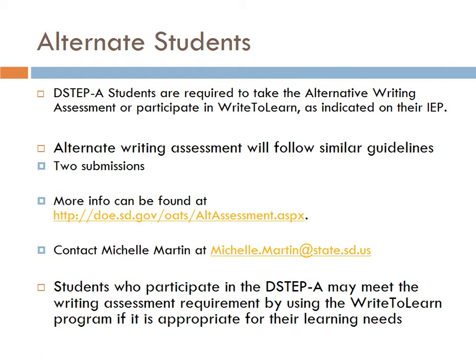The contact person for this is Michelle Martin. Her email is michelle.martin@state.sd.us. And students who participate in the D-Step A may meet the writing assessment requirement by using the Right to Learn program if it is appropriate for their learning needs. So that's the main thing. We just want to do what is appropriate for these students' learning needs.